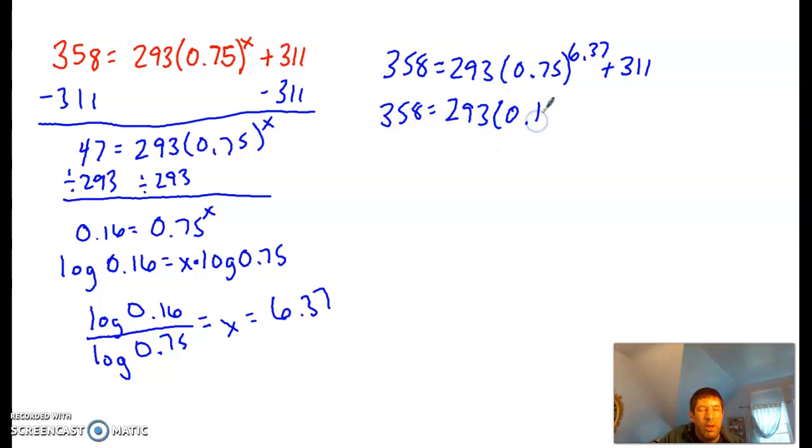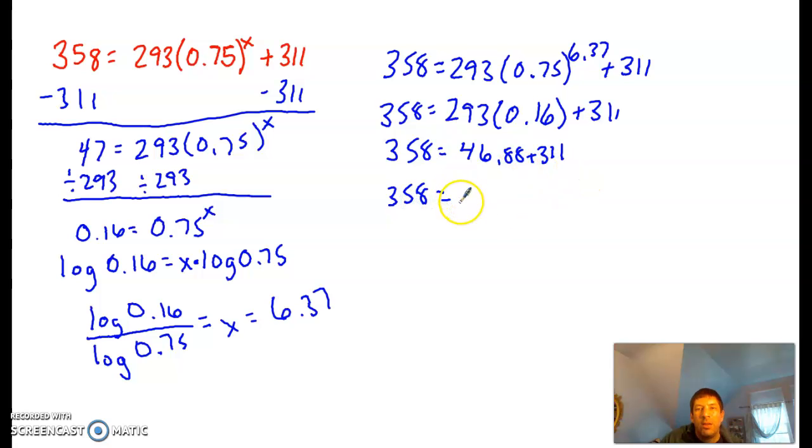So this is about 0.16. And then if we multiply 293 times 0.16, we get 46.88. And then if we add 46.88 to 311, we get 357.88, which is about 358.